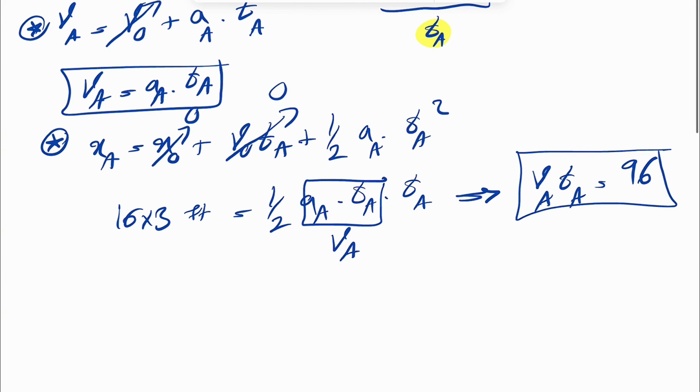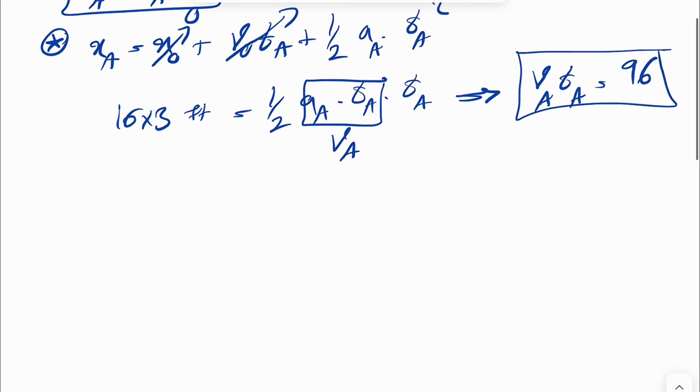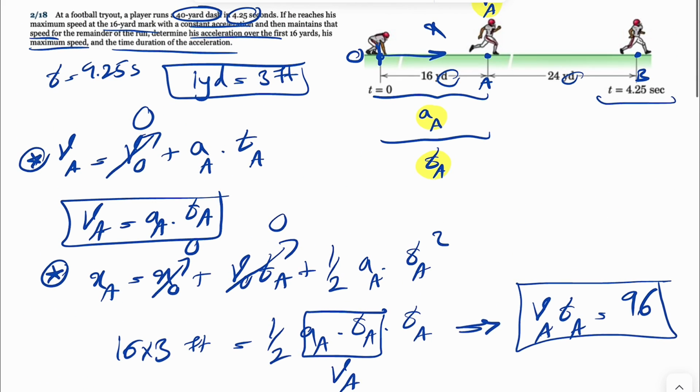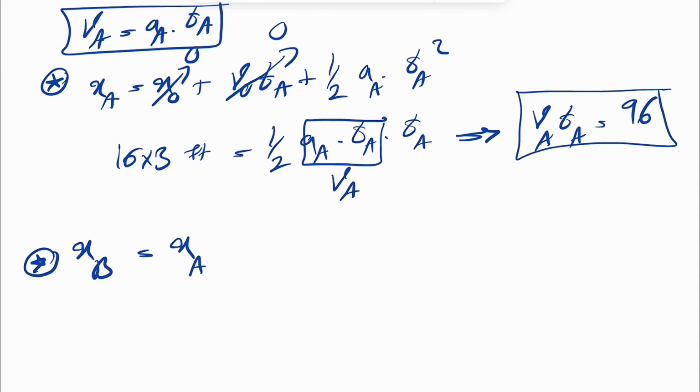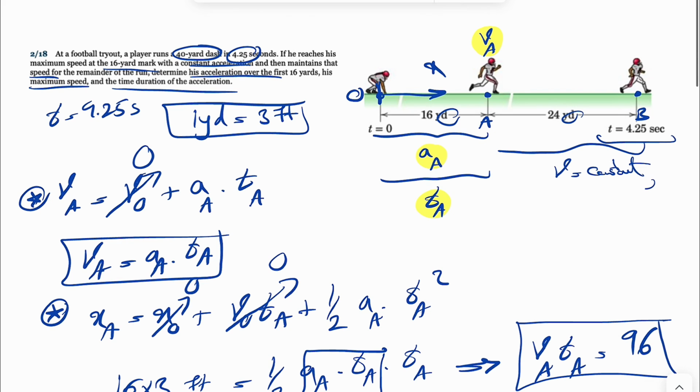The last equation is for the second part. Because in the second part we have a constant velocity, we have XA plus VA times T, where T is the time in this part, which is 4.25 minus TA.